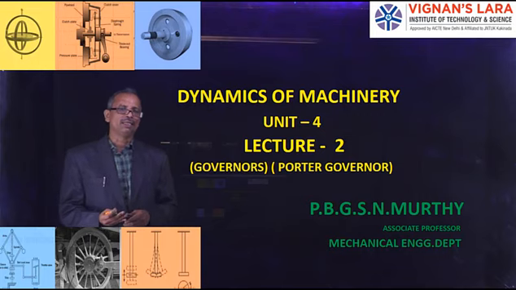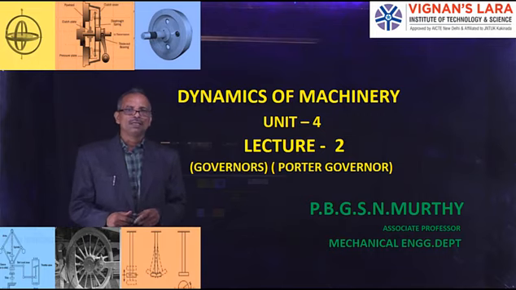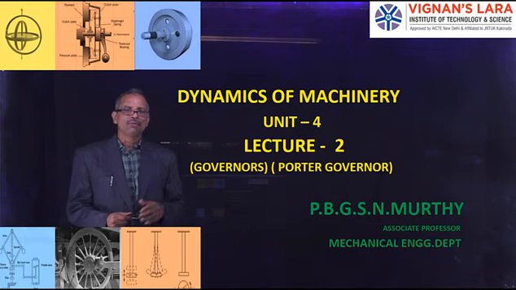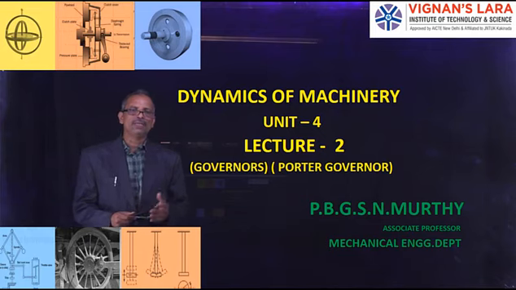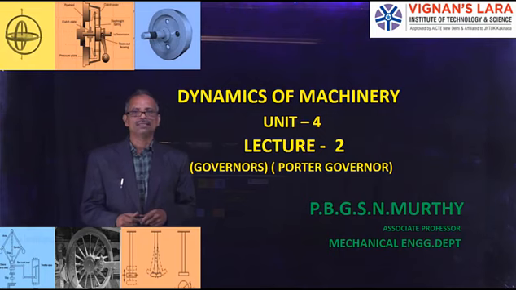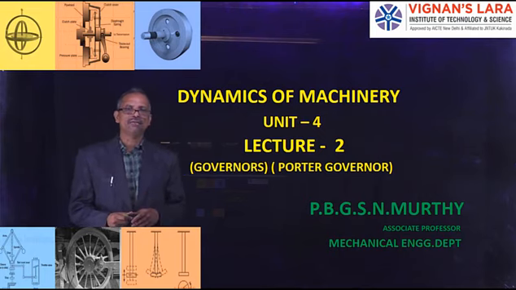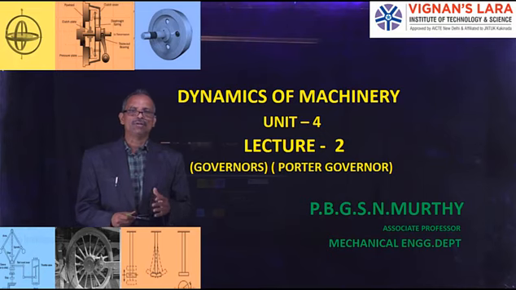Let me tell you. When there is a load change, automatically the speed of the engine also changes. If you want to maintain a constant speed, there should be some device that will control the speed at a constant rate.